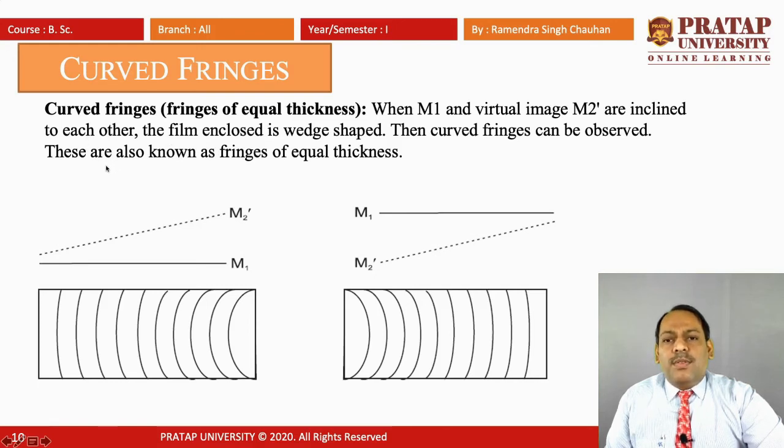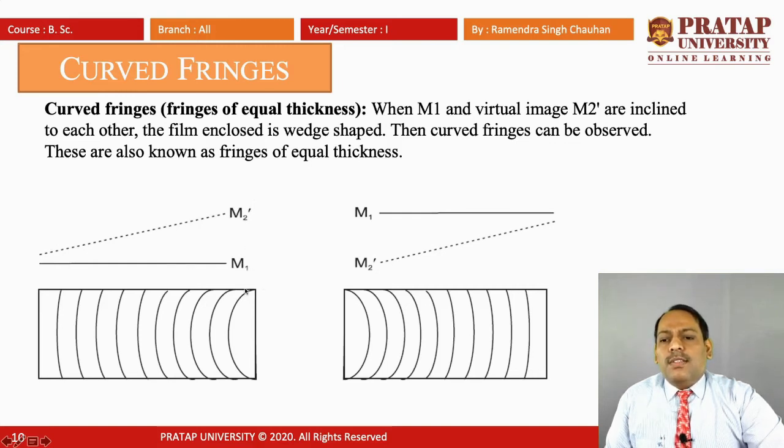Now, for curved fringes or hyperbolic fringes, there are two types of hyperbolic fringes we can form. In one case, when on the left side the thickness is decreasing, then M1 and M2 dash, where M2 dash is the image of mirror M2 and M1 is mirror M1.